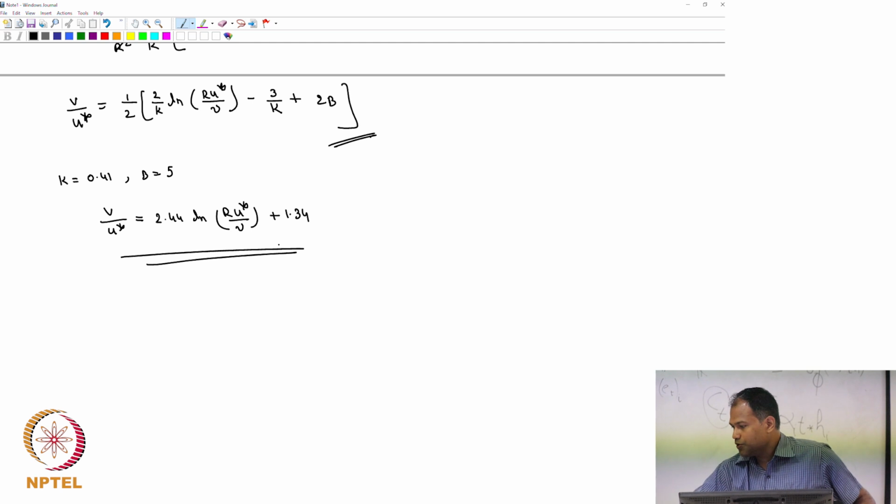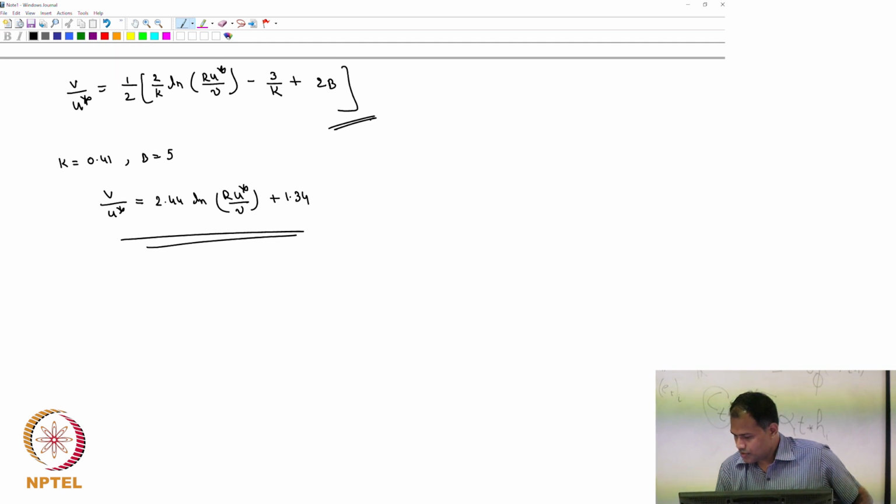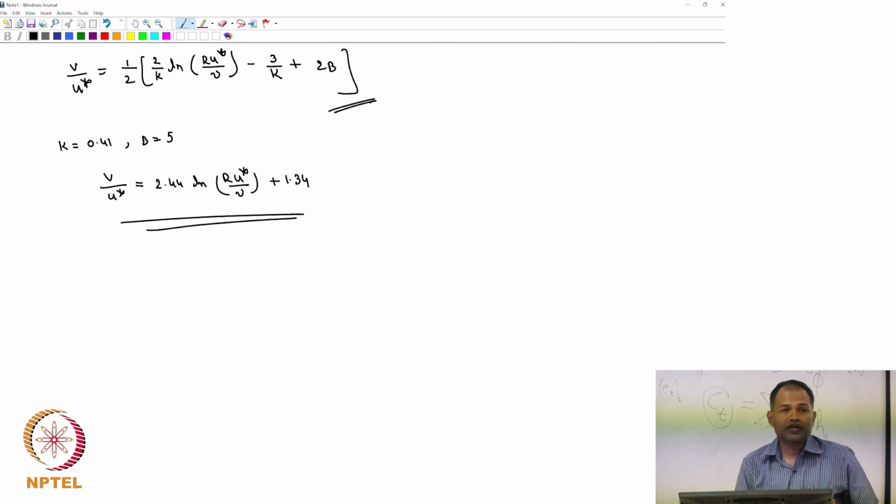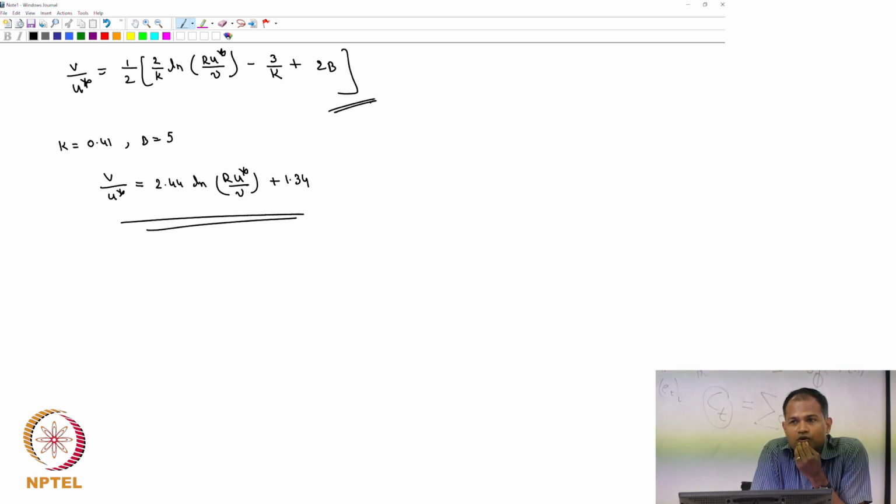Now we are directly going to evaluate the friction factor. There are two ways of doing it. One is what we followed in our laminar flow calculation, where you calculate the pressure drop, connect it with the wall shear, and then do it. Or you can do it in a simpler fashion here.